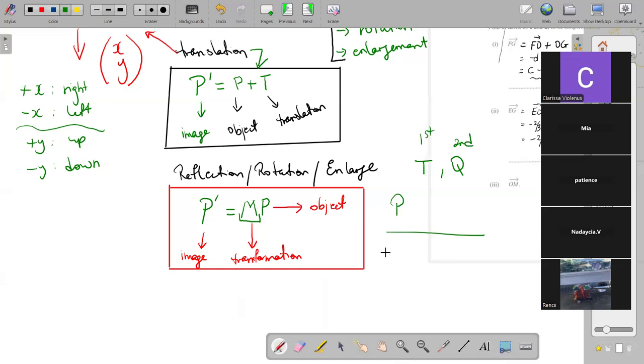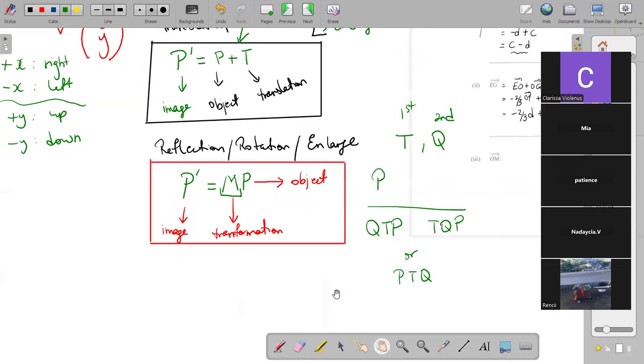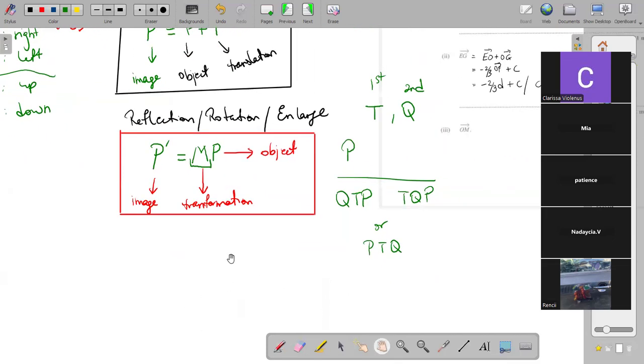Is the answer Q, T, P, right? T, Q, P, or P, T, Q? Which one is the correct formula? Remember, P is the object. Everybody has to choose. Which one is the right order that you multiply this in?